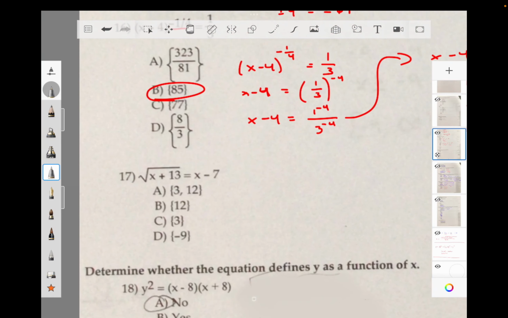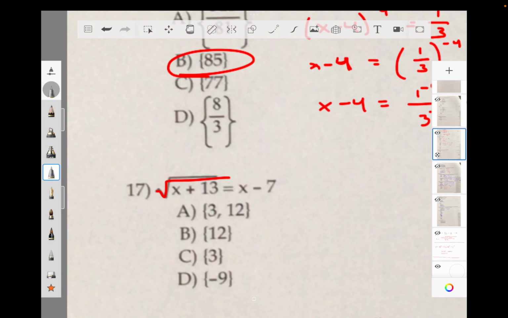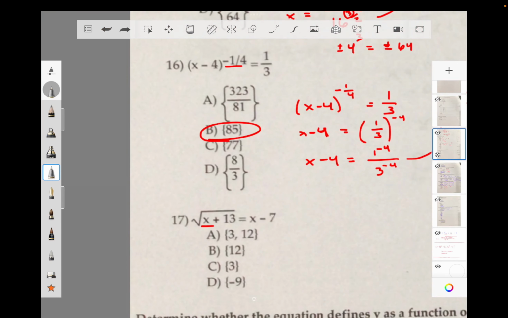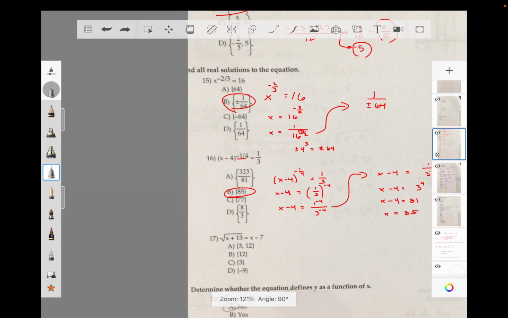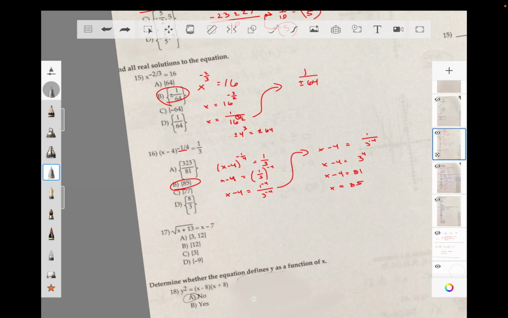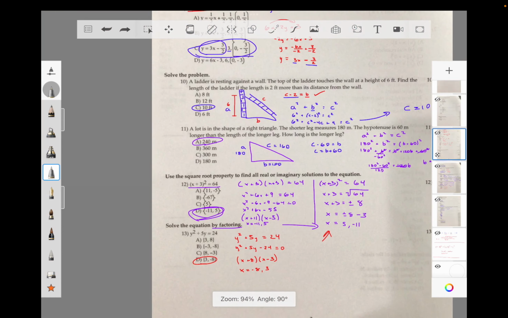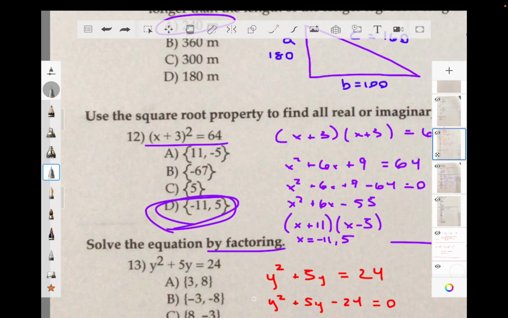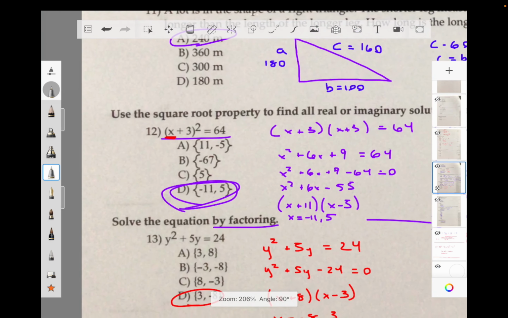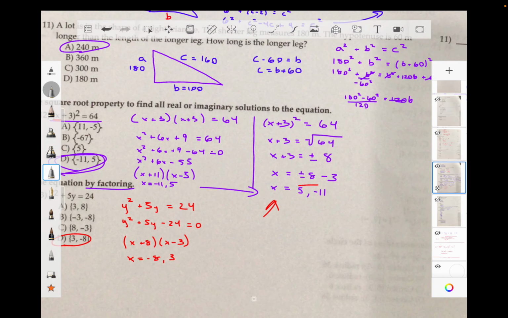This one is a bit tricky because one of them has a square root, and there's an x on this side and there's an x on this side. If the x was isolated, like in this case, there's only one x on this side, and it's alone, then you could probably solve it using this method.